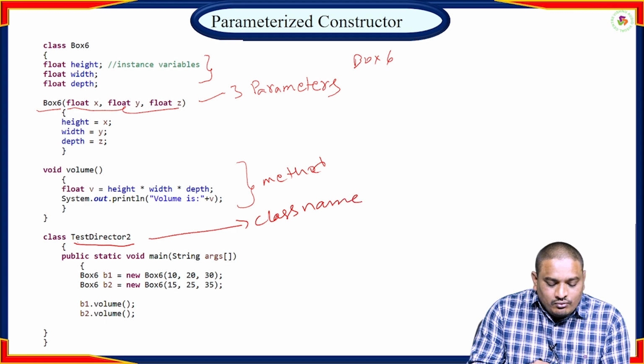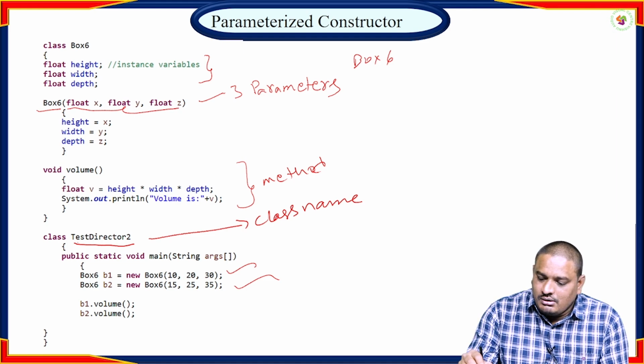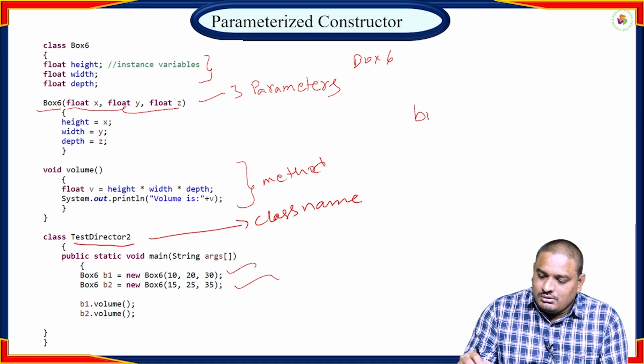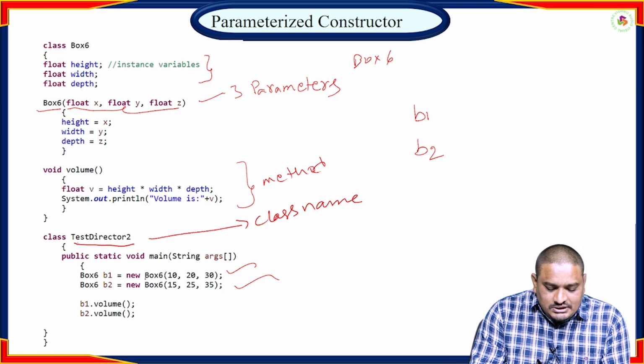In that class, we are creating two objects, B1 and B2. In the constructor, we pass the three values 10, 20, 30.